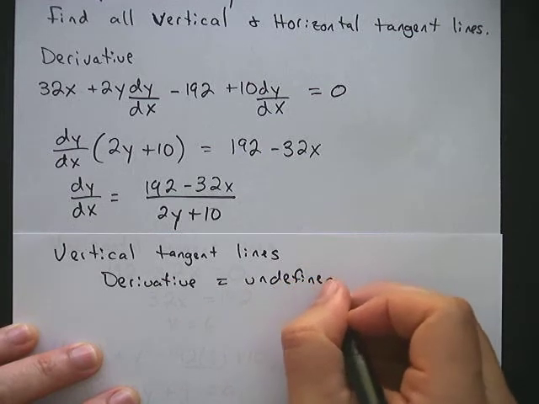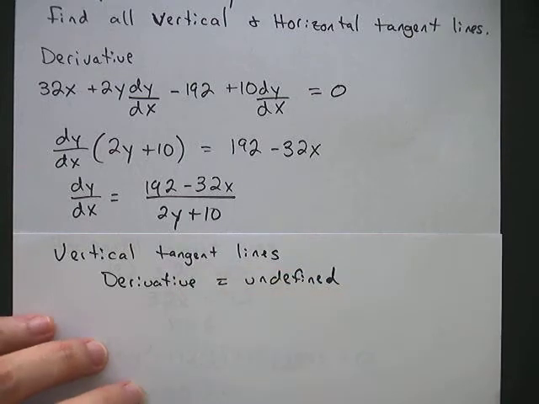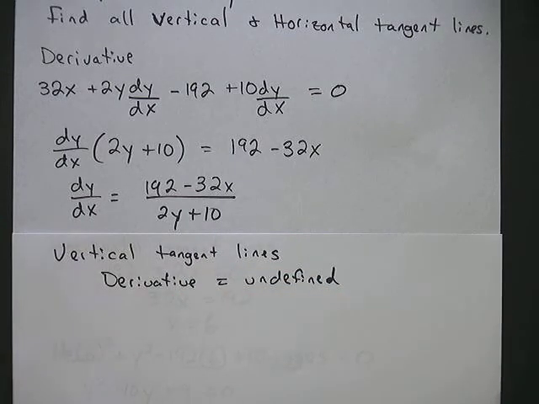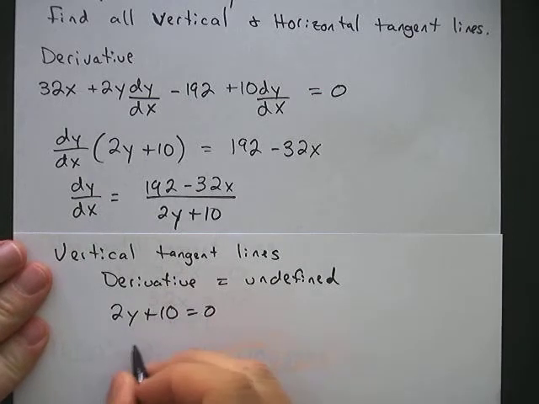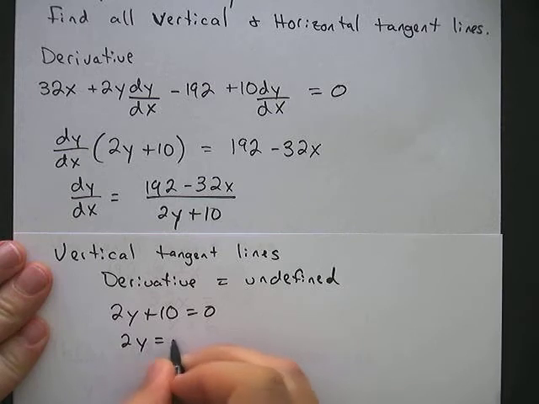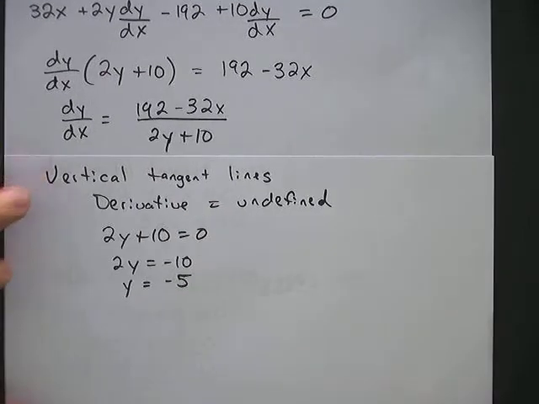And how is a derivative undefined? Well, there are multiple ways, but in this particular case, since it's a fraction, fractions are undefined when there's 0 in the denominator. So we can set 2y plus 10 equal to 0, which gives us 2y equals negative 10, so y is equal to negative 5. And that is the y value at which the derivative is undefined.